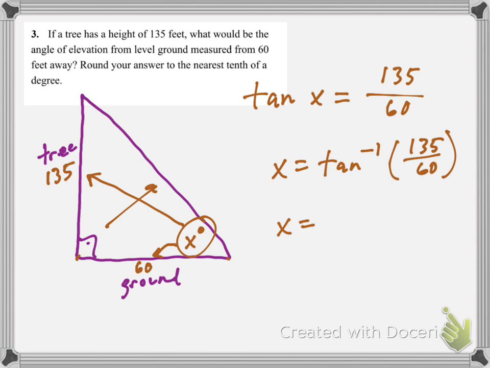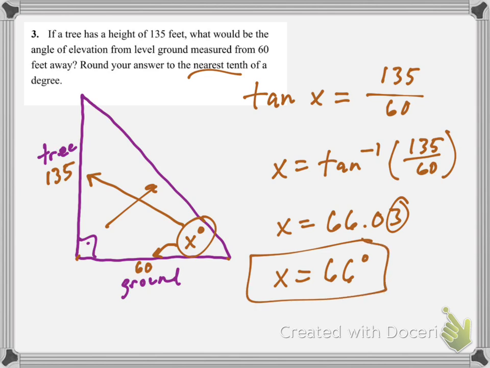So trig, tan negative 1, 135 divided by 60. So it's 66.03 because it says nearest tenth. 3 does nothing. Well, again, 66.0 is just 66 degrees. Okay? Now you notice we're finding the measure of the angles here. Okay, it's something to take a look at.